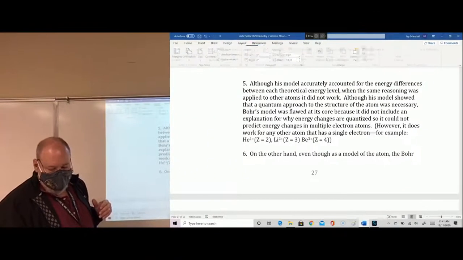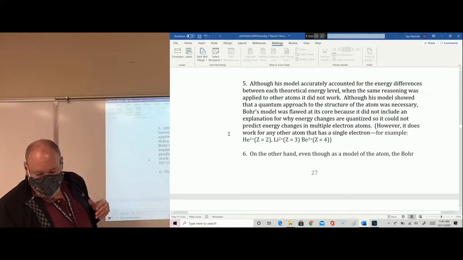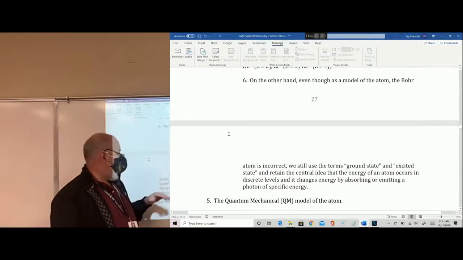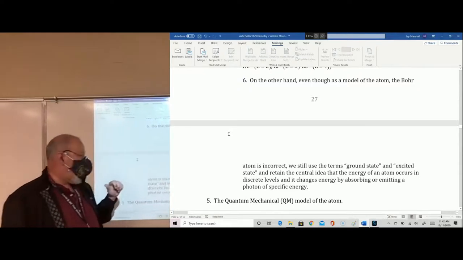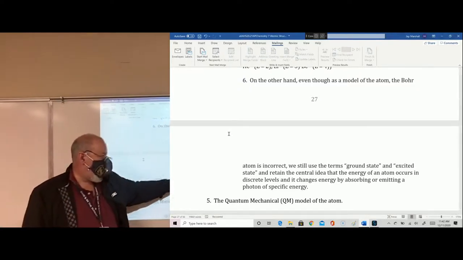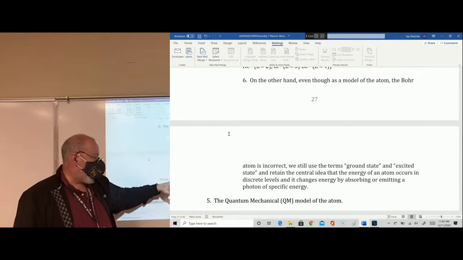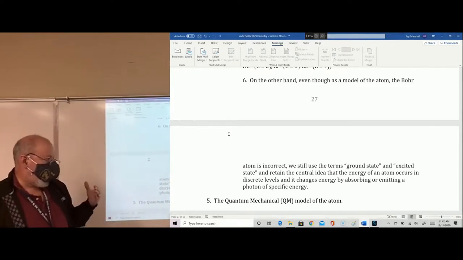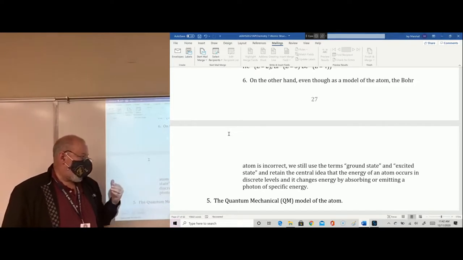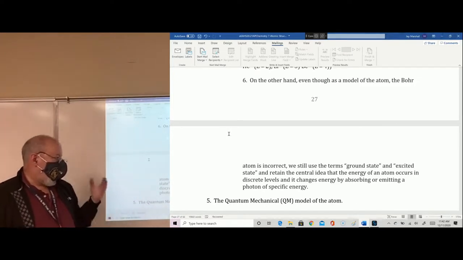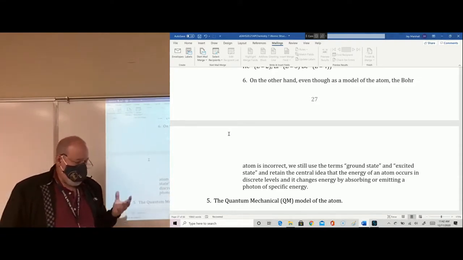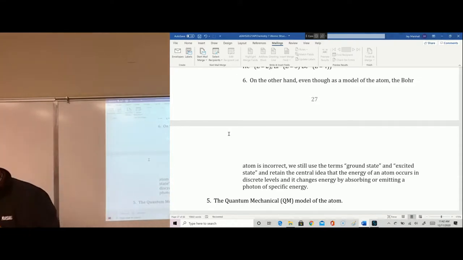On the other hand, even though as a model of the atom, the Bohr atom is incorrect, we still use the terms ground state and excited state and retain the central idea that the energy of an atom occurs in discrete levels, and it changes energy by absorbing or emitting a specific photon of energy. So the Bohr atom was a quantum model.